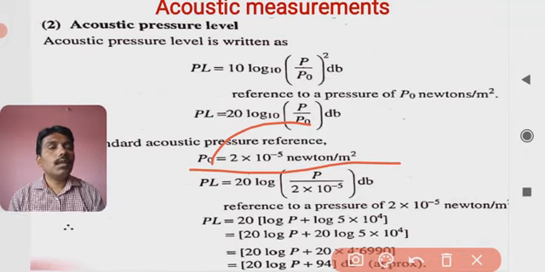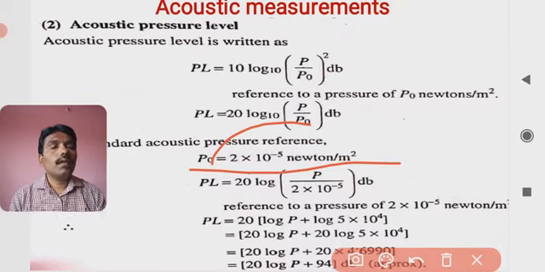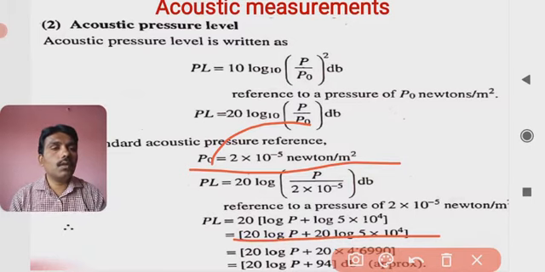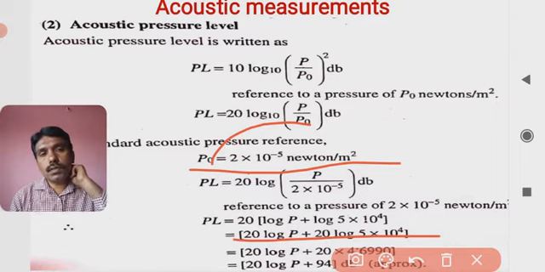The reference pressure is 2 into 10 raised to minus 5 newtons per meter square, and PL is equal to 20 log P plus 20 log of 5 into 10 raised to 4.